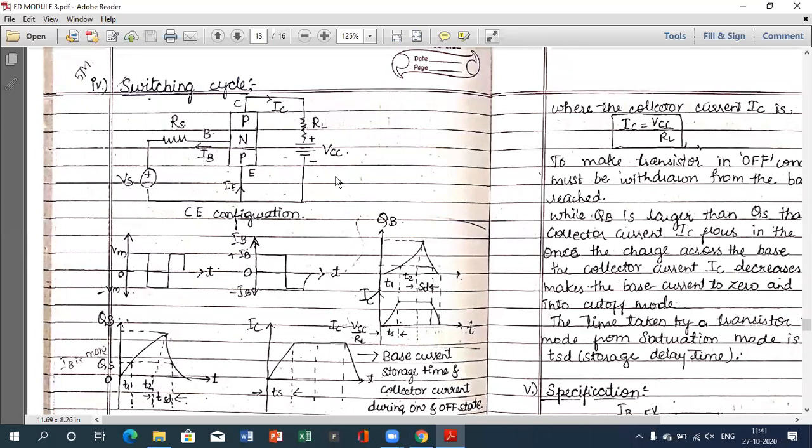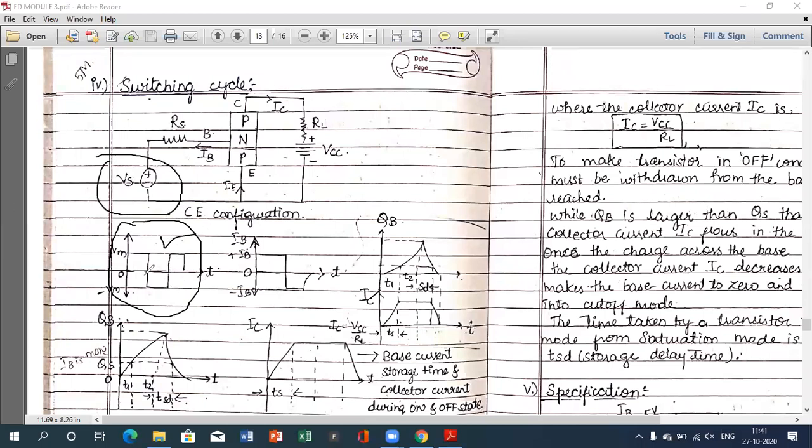Under such conditions, we are going to discuss how this transistor can be switched in terms of time. Now look at the Vm waveform here. This waveform belongs to the voltage Vs, which provides this cycle.